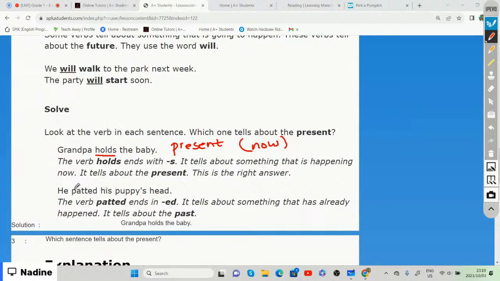And if we look at the other sentence that says he patted his puppy's head, the verb is patted. Remember we said that if we want to make mention of something that happened in the past, we add ed. The past happened already.